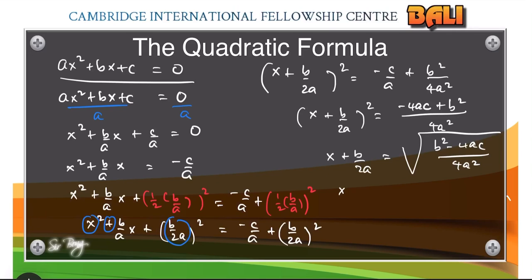So x is equal to minus b over 2a, plus minus the square root of b squared minus 4ac, and then the denominator is a perfect square. The square root of 4 is 2 and the square root of a squared is a.